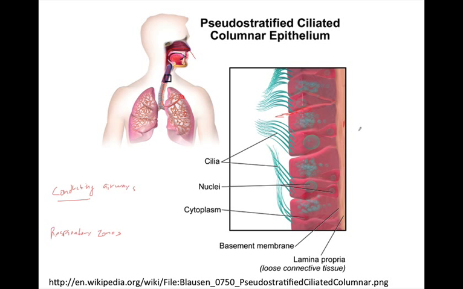What we see is more cuboidal cells that are ciliated, that propel mucus around. But the main theme here, whether they're pseudostratified columnar cells or cuboidal cells, is that they're ciliated, and on the apical surface, or upper surface, of those cilia you're going to find a coating of mucus.